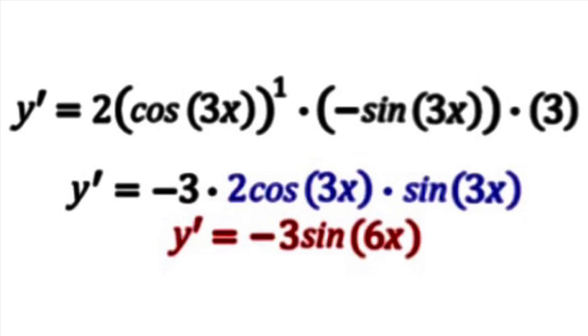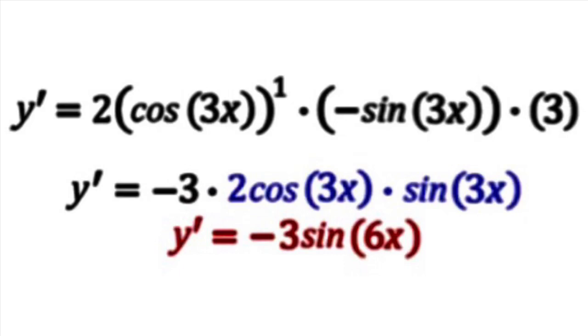We will get y dash is equal to 2 times cos of 3x raised to 2 minus 1, which is 1, into the derivative of cos of 3x, which is minus of sine of 3x. Again we have to differentiate 3x because 3x is acting as a box, so its derivative will be 3.